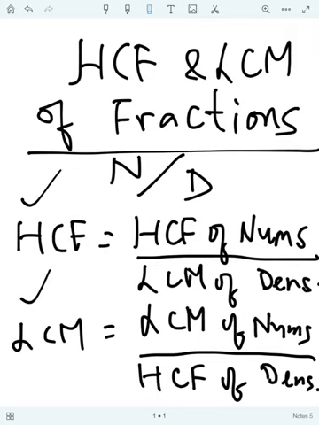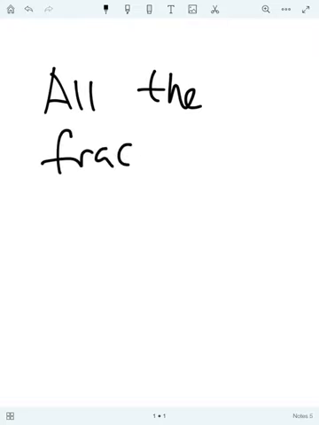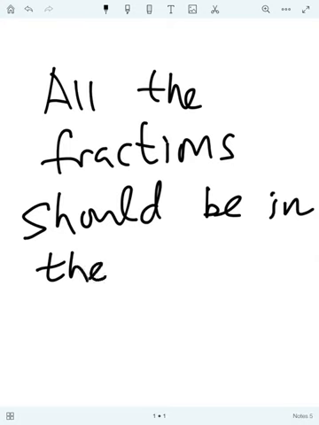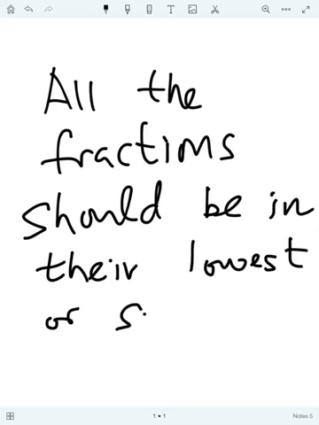So we'll take one example to clarify things. And one more important point to note in this is, all the fractions should be in their lowest or simplest form.